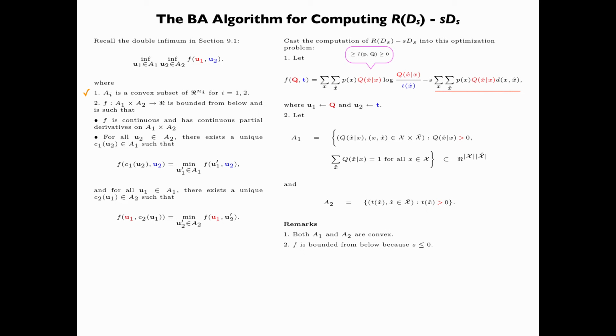The first double summation in f is minimized when t is equal to t star, and for that case, the double summation is equal to I(p,Q), a mutual information which is always non-negative. Because s is less than or equal to 0, minus s is greater than or equal to 0. And so, the function f is always non-negative and hence lower bounded by 0.